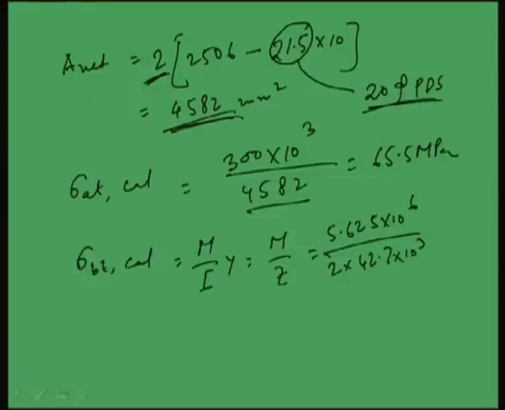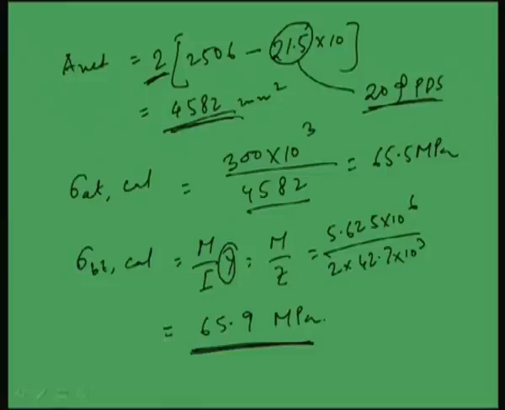This is the Z which is given in the code. So from this the value is coming 65.9 MPa. So bending stress due to moment is coming 65.9 MPa. This is the maximum stress developing due to bending, considering y as maximum, right.